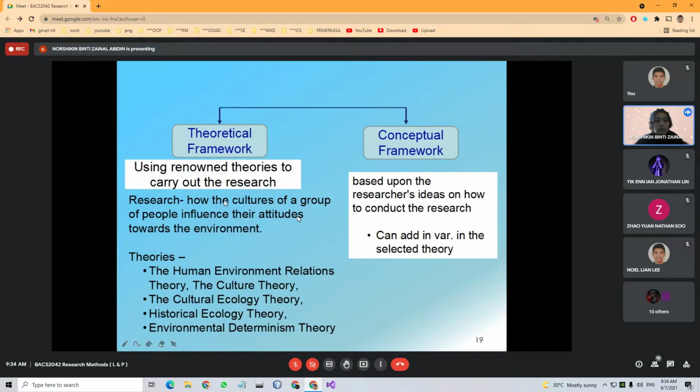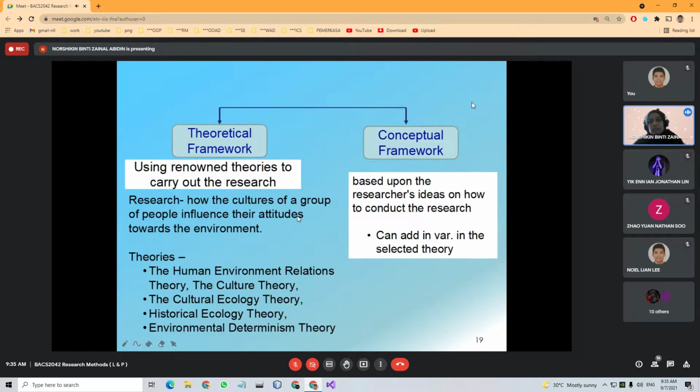So theoretical framework is any theory or research that you refer to for your research. You can refer to previously established theory, using existing theories to carry out the research. For example, researching how the culture of a group of people influences their attitude towards the environment. They can refer to any existing theory. That is the theoretical framework.